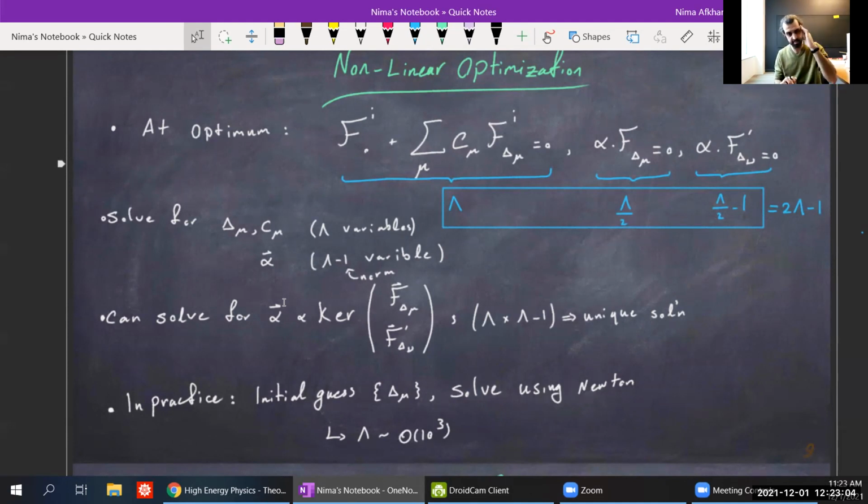And a couple of years back with Tom and Amir, we carried out this program and we were able to push the spinless modular bootstrap to some large number of functionals. Works very well. And after solving the truncated bootstrap equations, you can explicitly write the extremal functionals.